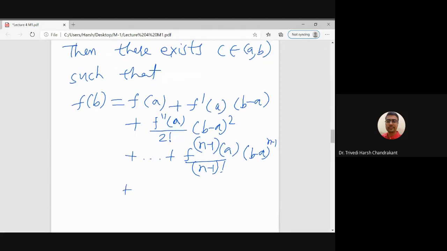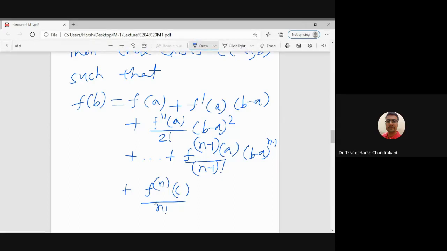And the last term will be in terms of c: the nth derivative at c, over n factorial, into b minus a power n.